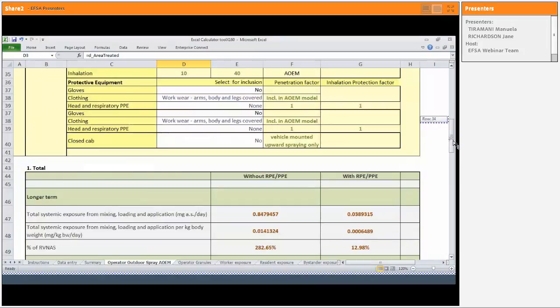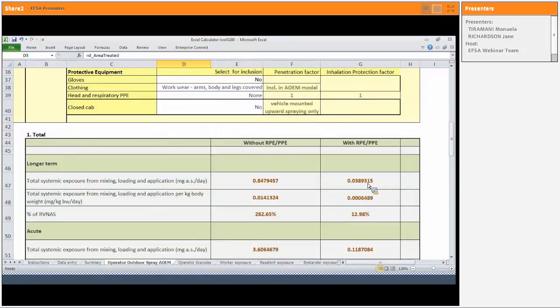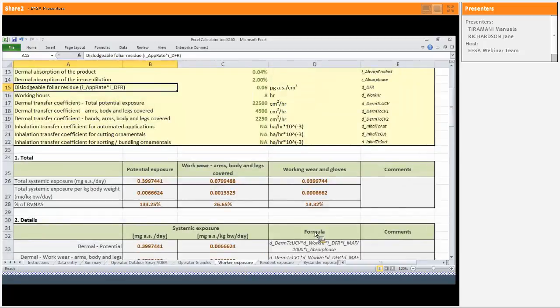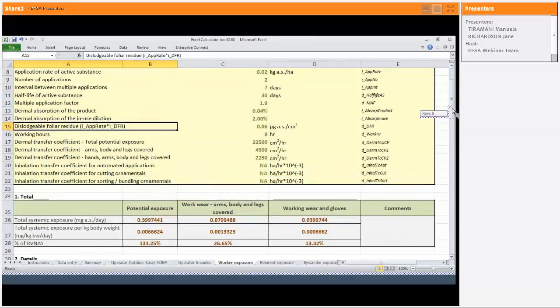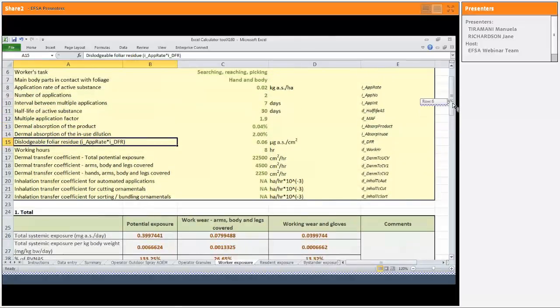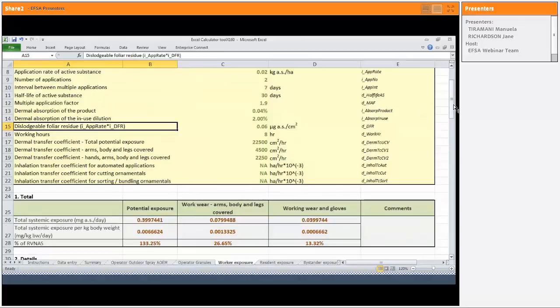If we go to our results, we still see that if the operator is wearing full workwear with the values that we've put into the data entry sheet, they would be below the AOEL. We can also take a look at our worker, and in this case we have transfer coefficients also for wearing gloves, but the worker is also estimated to be below the AOEL, even in just workwear.